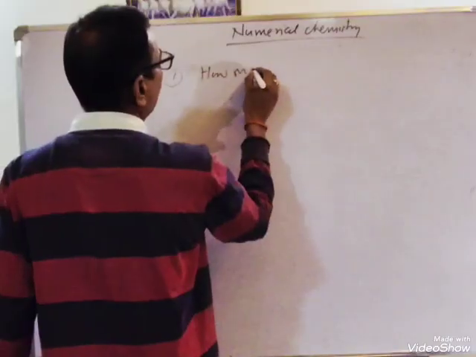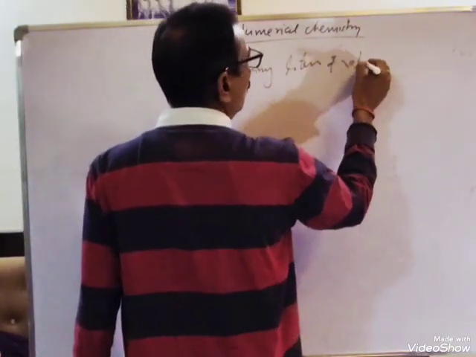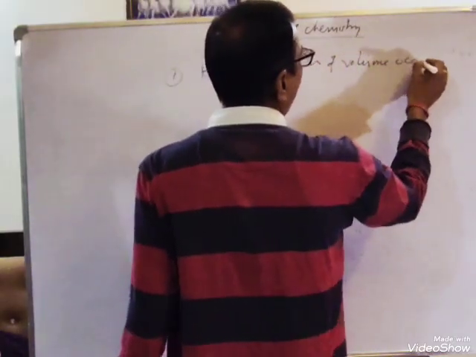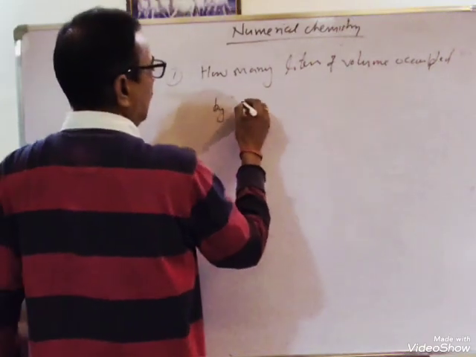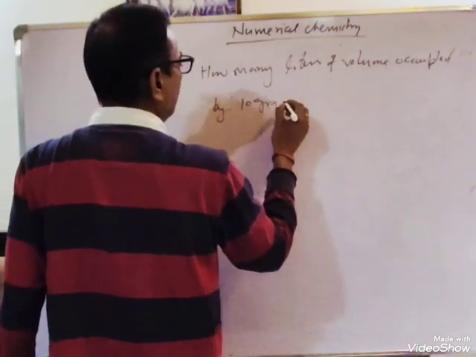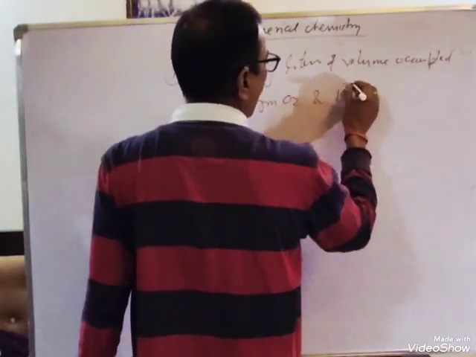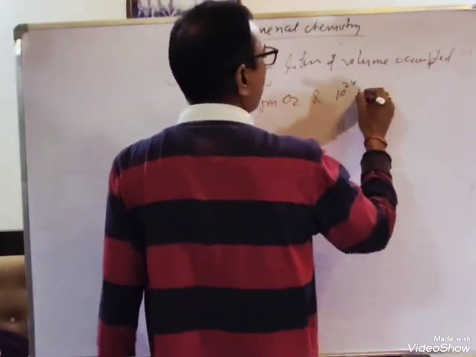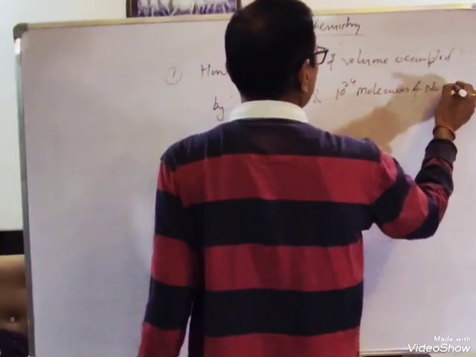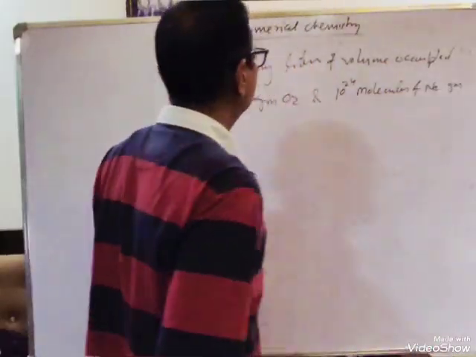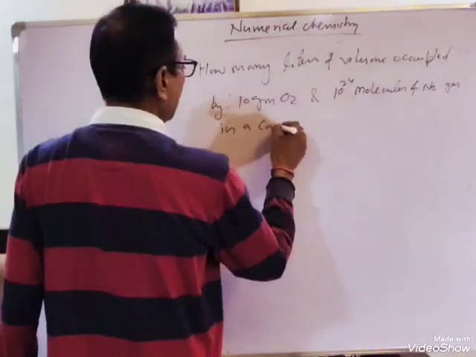How many liters of volume will be occupied by 10 gram oxygen and 10 की power 24 molecules of nitrogen gas in a container?